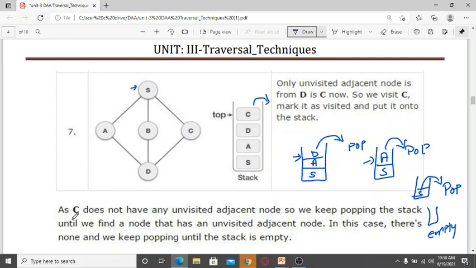C does not have any unvisited adjacent, so we need to keep popping the stack until we find a node that has an unvisited adjacent node. In this case we keep popping until the stack is empty.